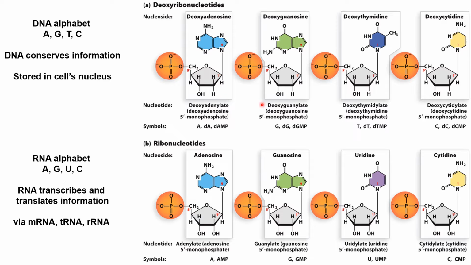We have just simply hydrogen, whereas in RNA we have the OH actually being present, so it is oxygenated instead of deoxy. And the other major difference too is that instead of having a thymine, we have a uracil as shown here. And also you can see the abbreviation and symbols for these as well.